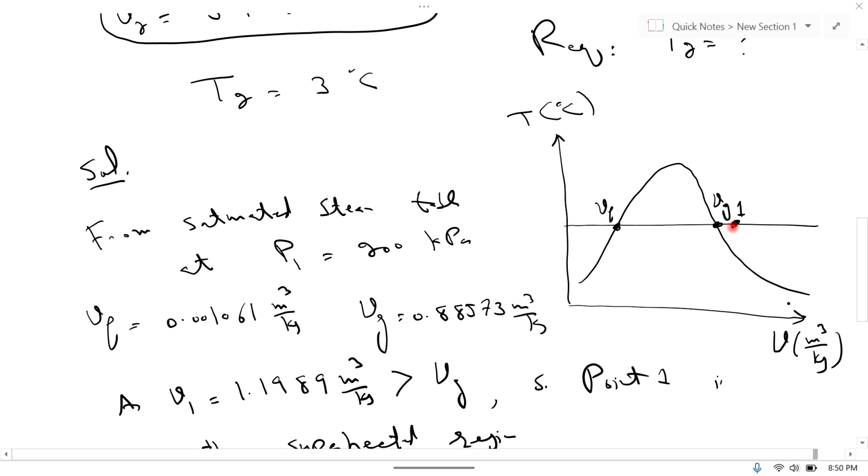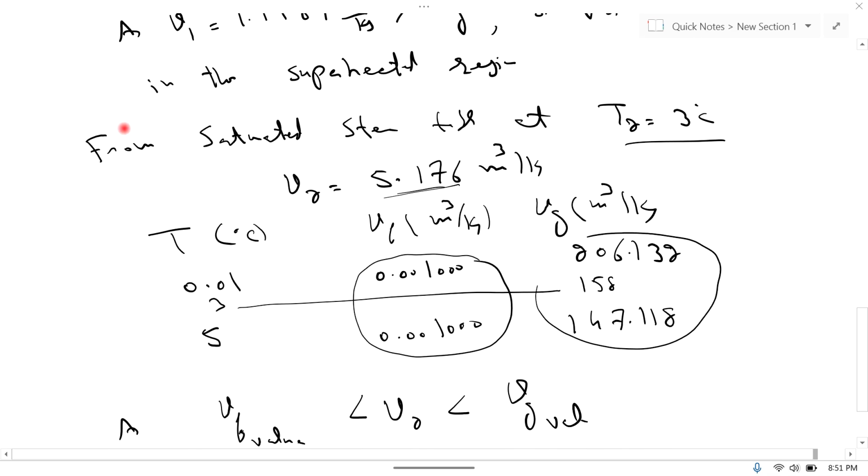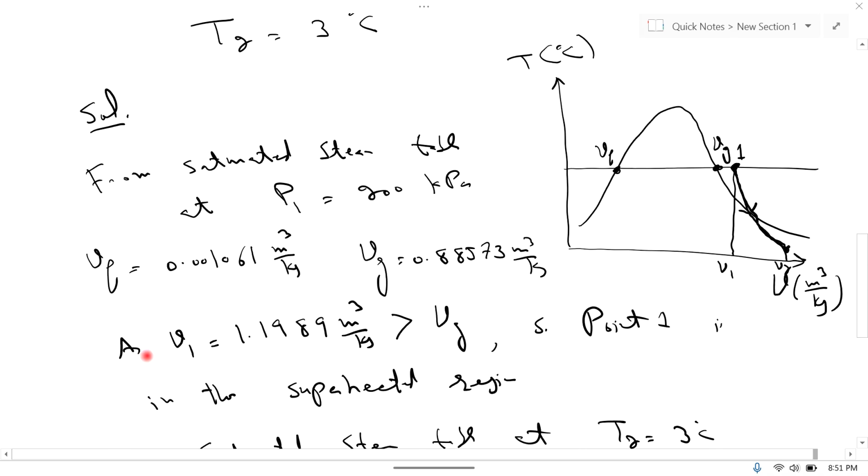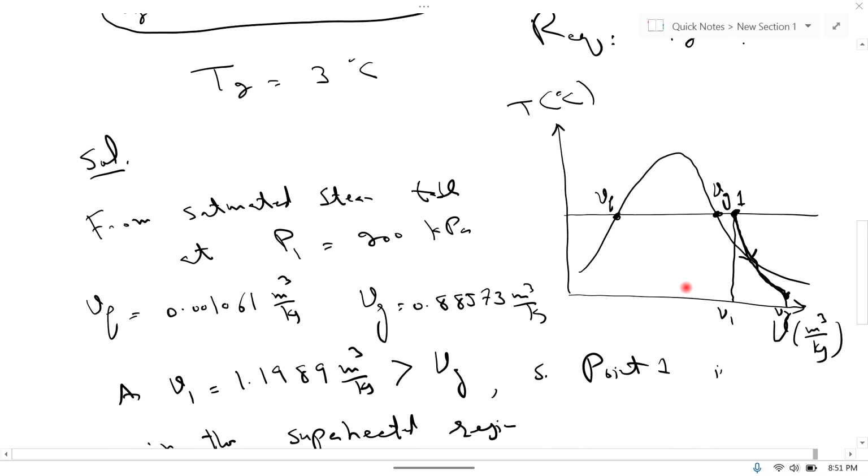So this line will be something like this, because volume increases. This is V1 and this is V2. V2 is greater than V1. So this is the process from 1 to 2, and we know that point 2 is in the mixed region.